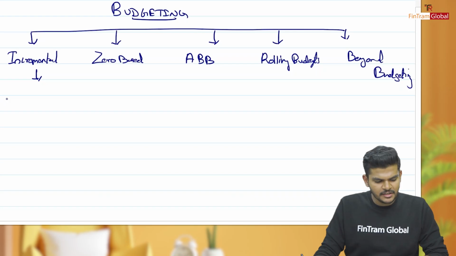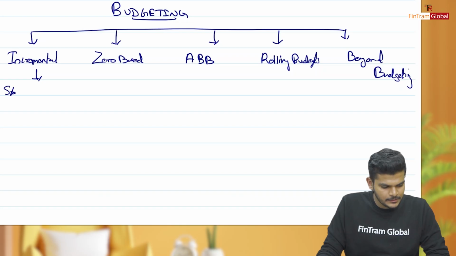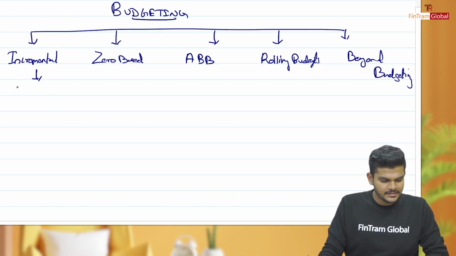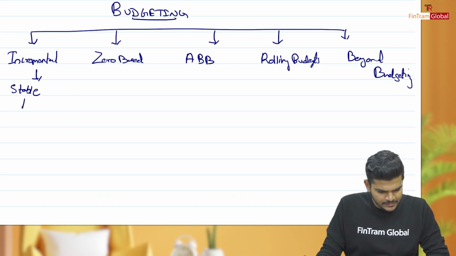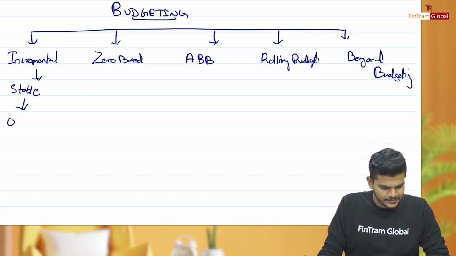So for incremental budgets, this is more suited for those organizations that have a stable environment. Okay, folks? So if your organization has a stable environment, then incremental budgeting would be very suitable for it, right? And does it have any plus points, as in advantages? Most definitely yes, right? It's quick and easy to do.